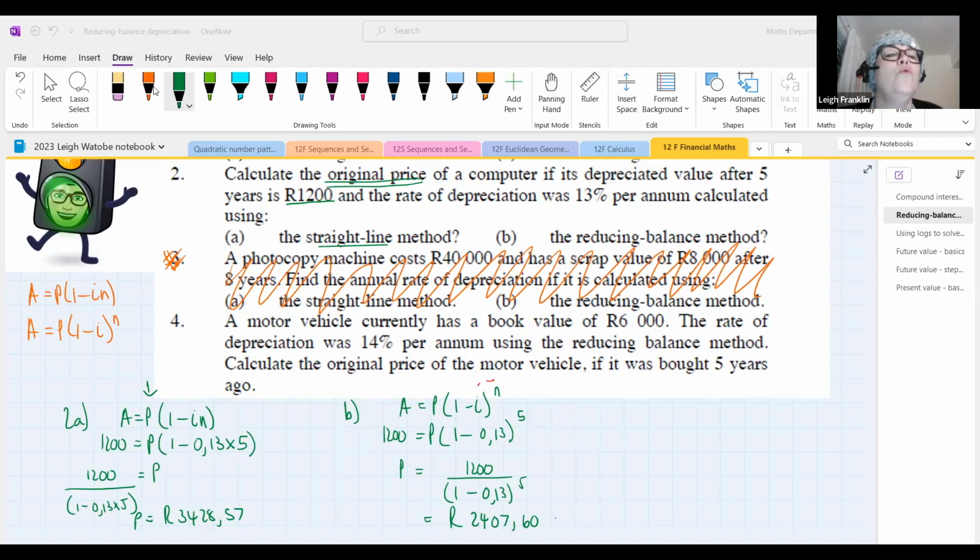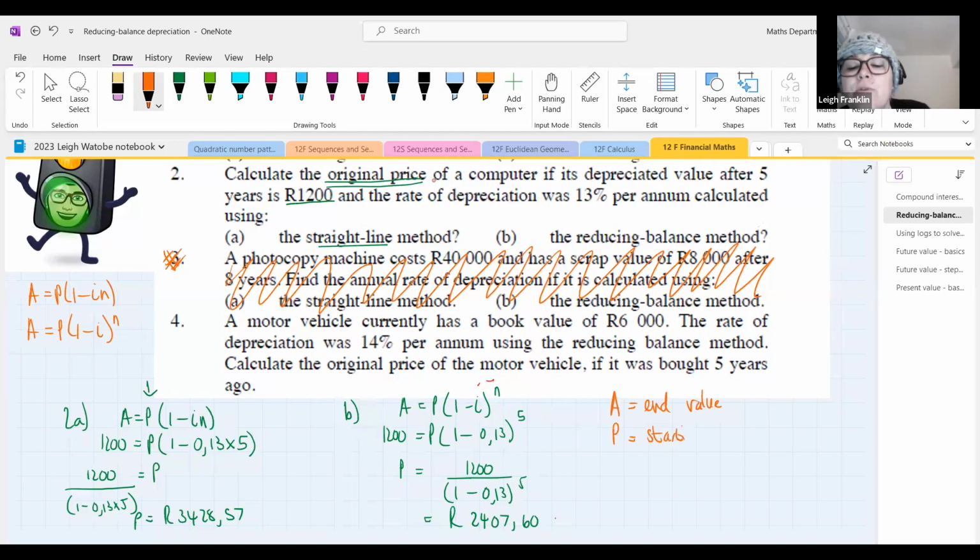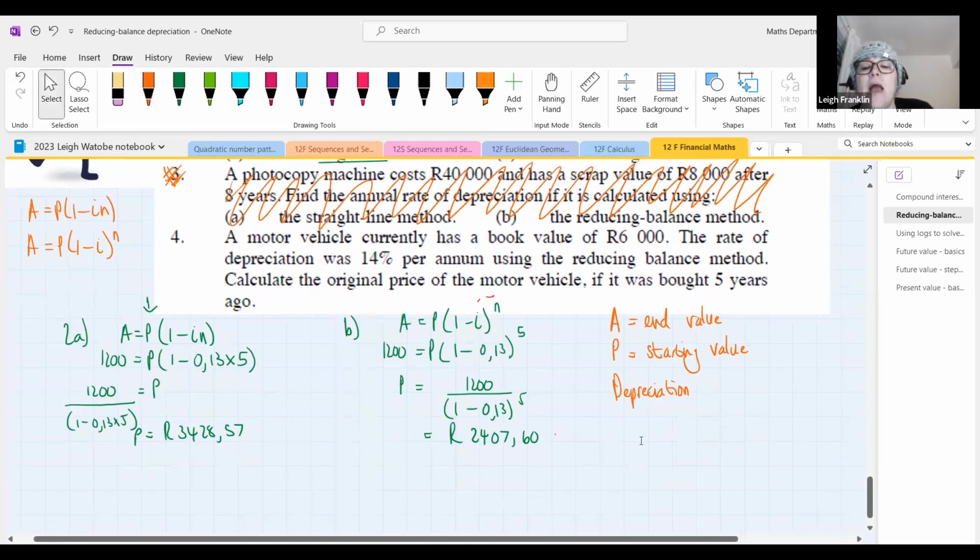A is always your end value, and P is always your starting value. Always, always, always. When it comes to depreciation, something is worth a lot of money in the beginning and very little at the end.